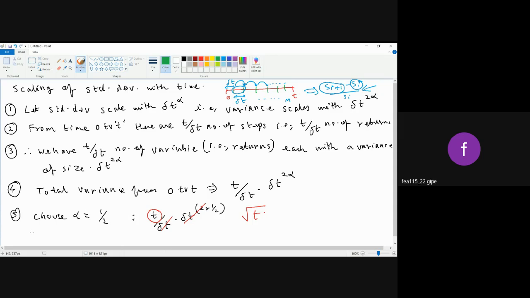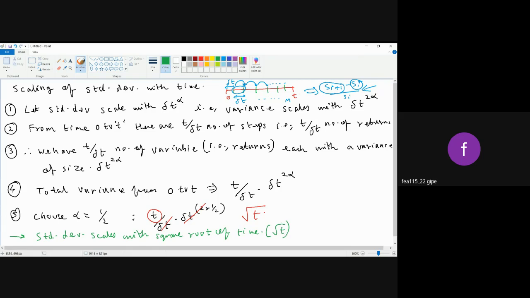When we talk of risk models, we are going to borrow this result once again, which is that standard deviation scales with square root of time. So we'll see a practical application of this as well. This is a result which you'll need to remember.